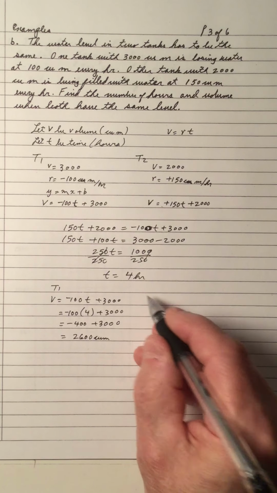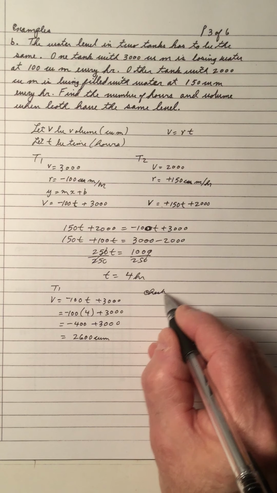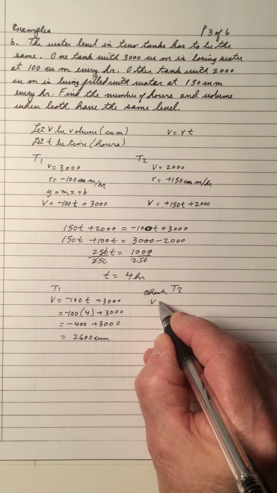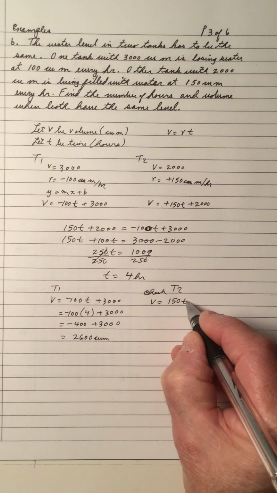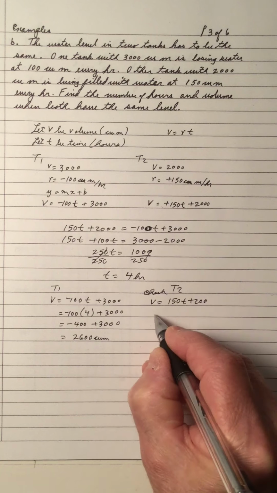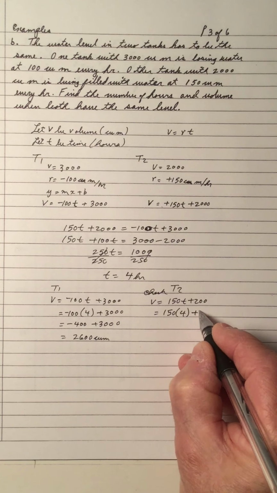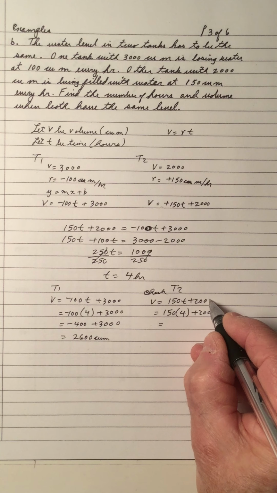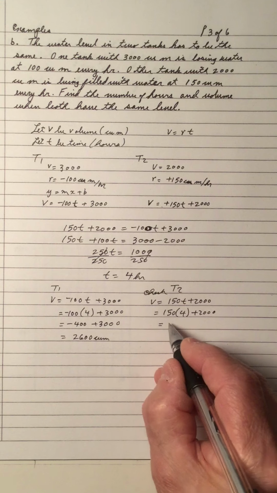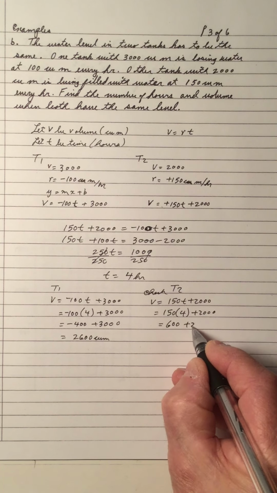So that's 2,600 cubic meters. And just as a little check, I'll check very quickly. Let's take tank 2, which is 150T plus 2,000. Well, 150 times 4 hours is 600, plus 2,000.